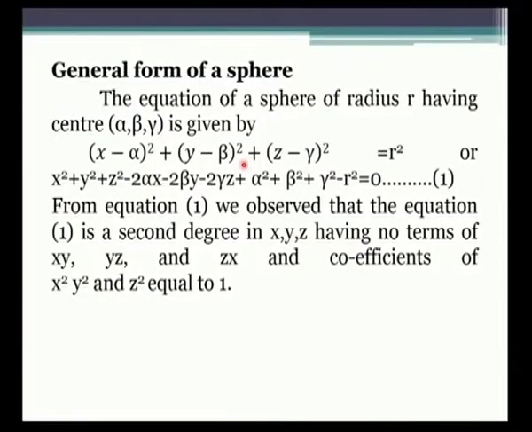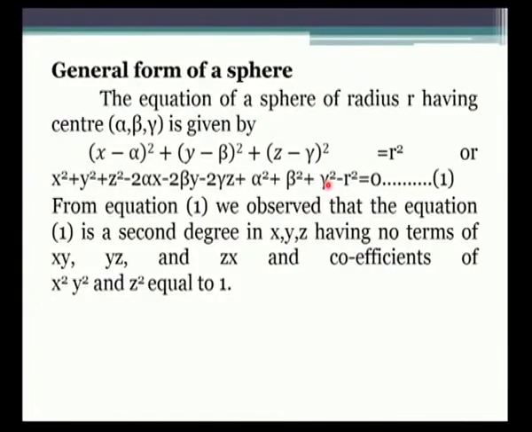If you expand this, we will get this expression, that is x square plus y square plus z square minus 2 alpha x minus 2 beta y minus 2 gamma z plus alpha square plus beta square plus gamma square minus r square is equal to 0, which is the equation obtained after expanding this equation. Let us keep this as equation 1.